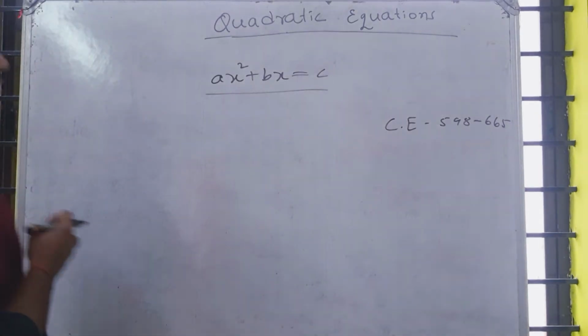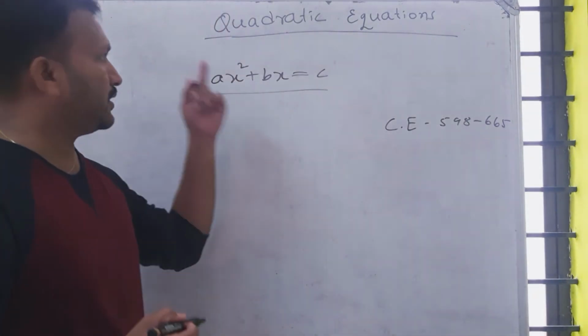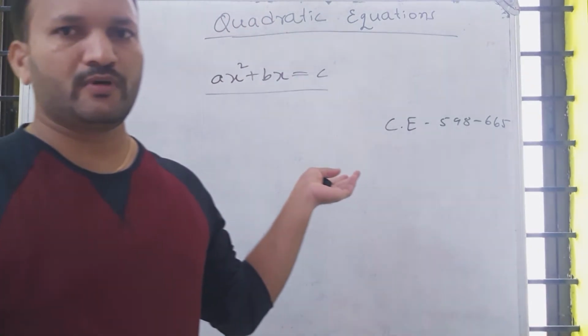Sridharacharya also worked on these quadratic equations, and he solved the problems by the completing square method.